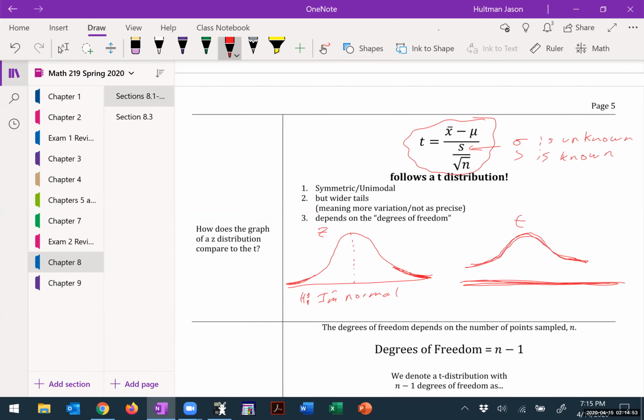The peak isn't as high, and the tails are much wider. They're much further from the ground. Now the area under this is still 1. The areas are the same, they all add up to 1. But for the T, it's more spread out, and the tails are much bigger. Much wider tails.